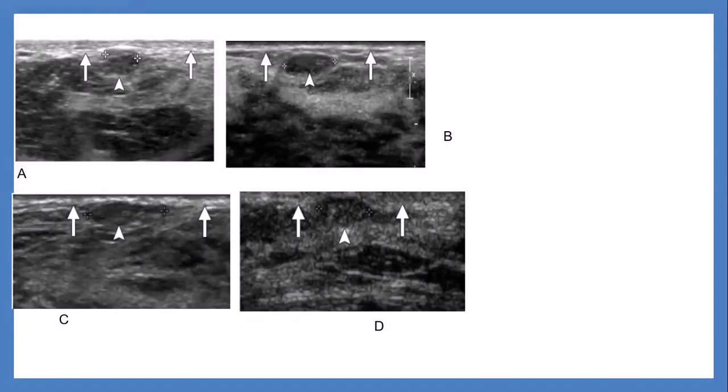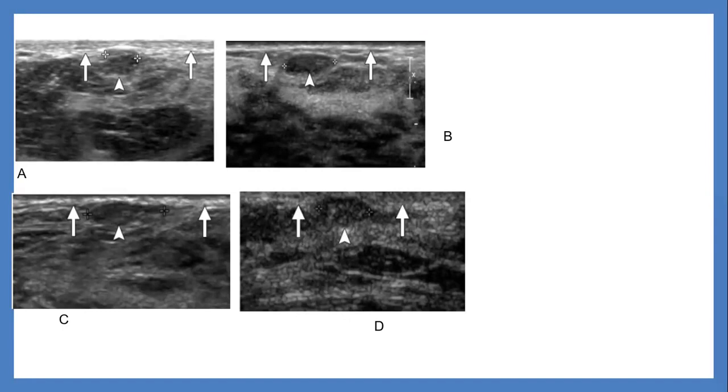The terminal duct lobular unit can migrate through the Cooper ligament and implant more anteriorly into the hypodermis or the subcutaneous fat. So any lesion can arise from the terminal duct lobular unit, and you might see it in that area.